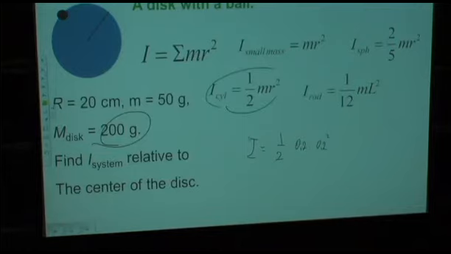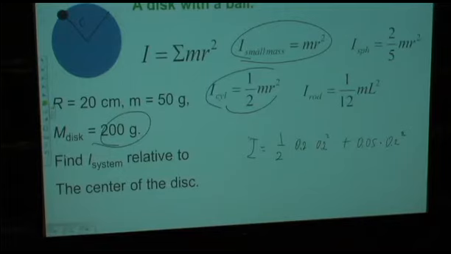That's this, plus for this single tiny ball, the rotational inertia equals this. The mass of this ball is 50 grams, which is 0.05 kilograms, times what's the distance from the axis of rotation to the ball? This distance r still equals the radius of this disk, so still 0.2 squared.